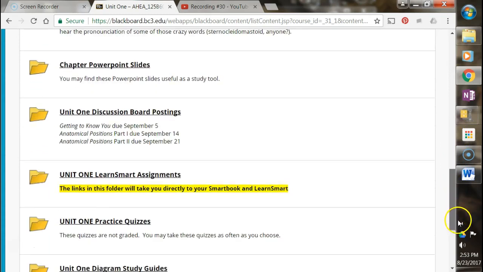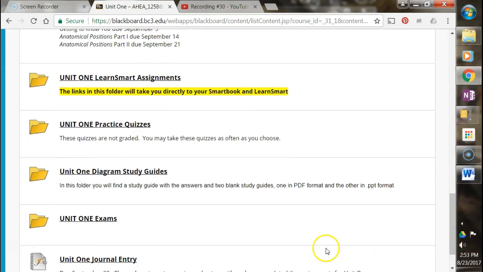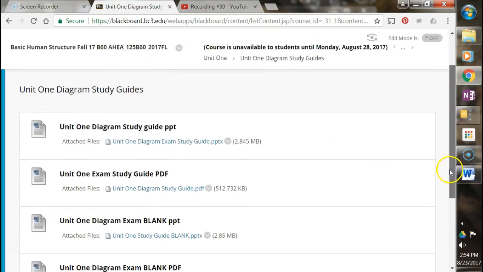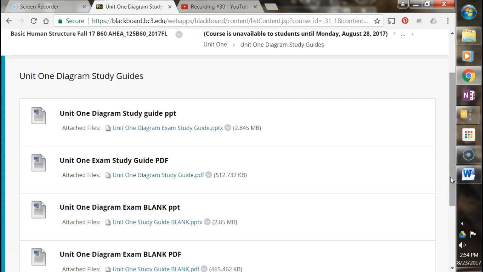Each unit has a diagram exam, and there are study guides available for you. So you can see they come in different formats. I have it as a PowerPoint, and I also have it as a PDF. However you want to use it, maybe as a PowerPoint, you can actually write right on it. That's a little bit difficult.